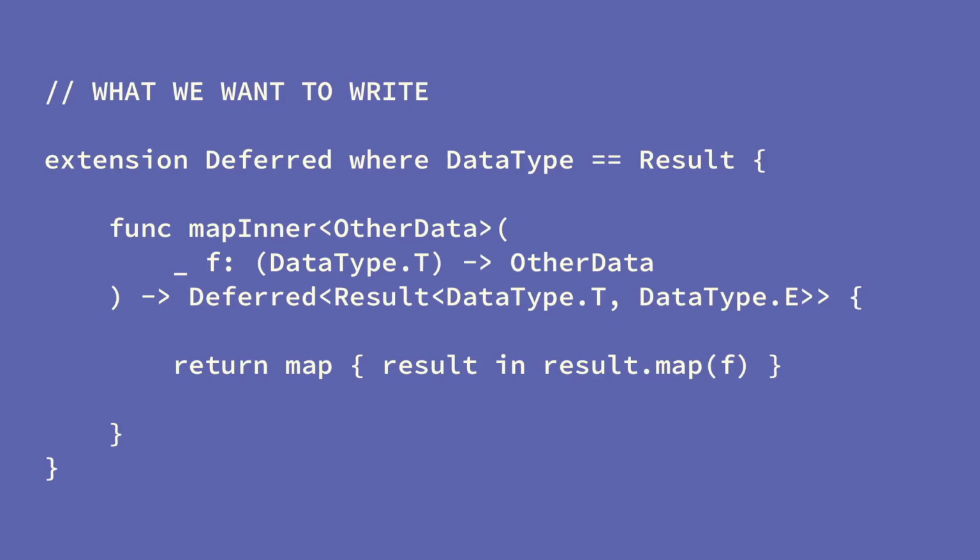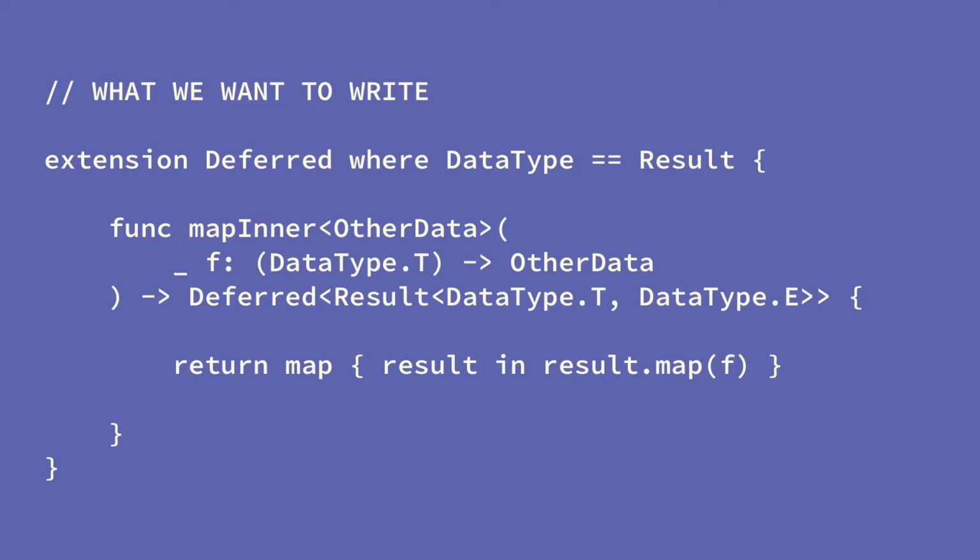So what I would like to write is to express this logic: when I am having a deferred error object that has a result as a data type, then I'm able to just apply this mapping function to the result, to the inner thing. So basically working with nested containers means a way of getting the function and applying it somewhere deep inside, not on the first layer.